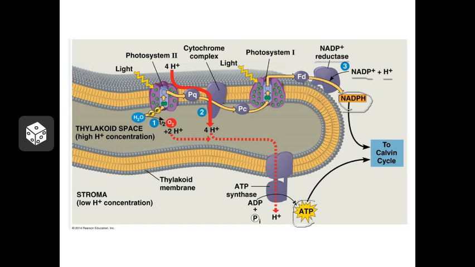Now the two products of the light reactions, the ATP and the NADPH, can travel out into the stroma to be used in the Calvin cycle. Meanwhile, water is going to be broken down and its electrons are going to be added back into photosystem 2 to keep this whole cycle going, and oxygen gas is going to be made as a byproduct.